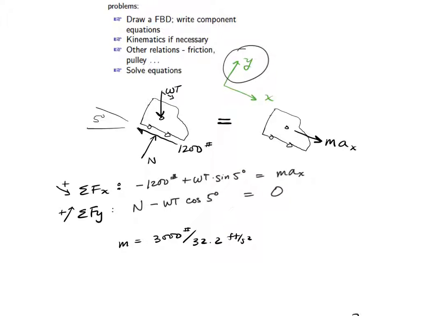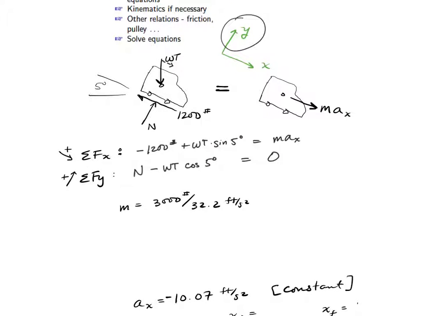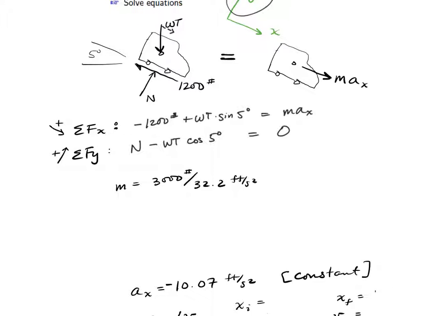So I've got the ability to go ahead and solve for the acceleration. We're just going to use that first equation. That tells me that mass times acceleration, I'm just going to redo this, is minus 1,200 pounds plus a 3,000 pound vehicle times the sine of 5 degrees. I've got the mass right there, which I'm going to use in just a second.